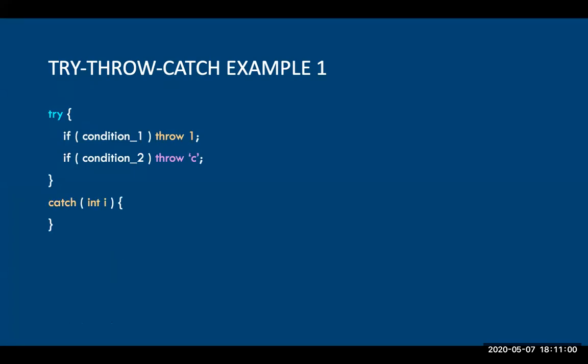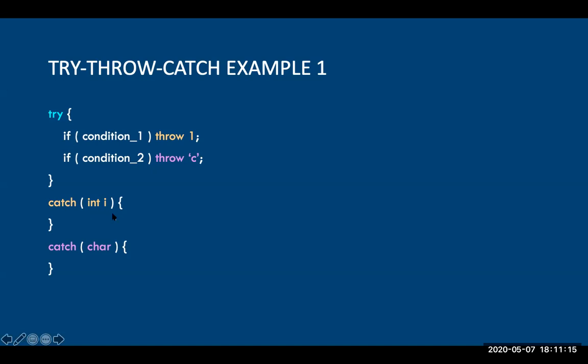So there's our try, there's our catch for int, there's our catch for char. And notice that here I have a catch int I. This means that that I is available to any code logic that we implement inside of the catch, right?